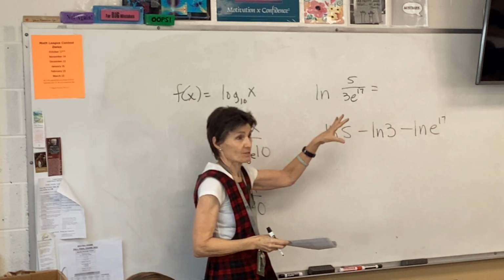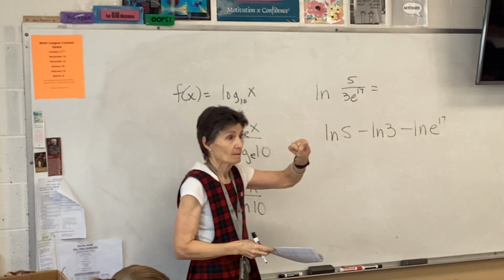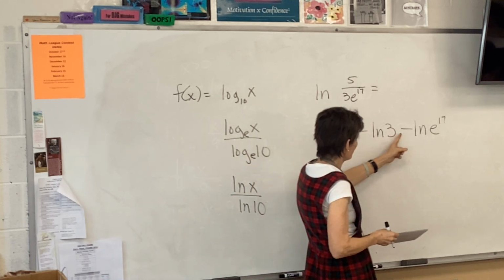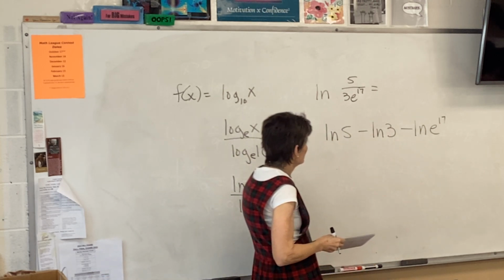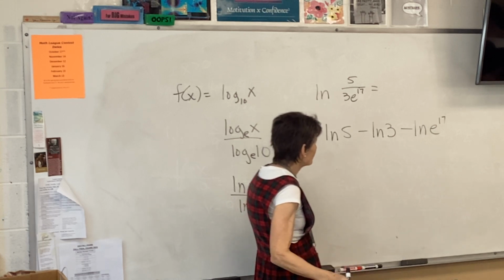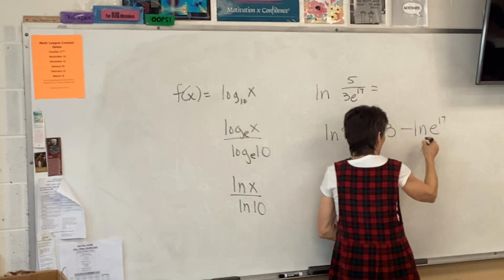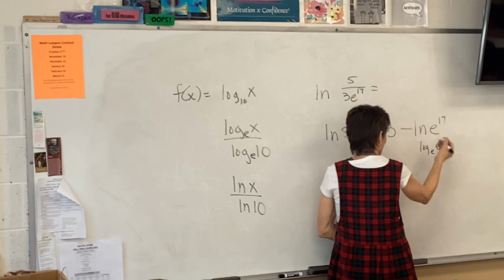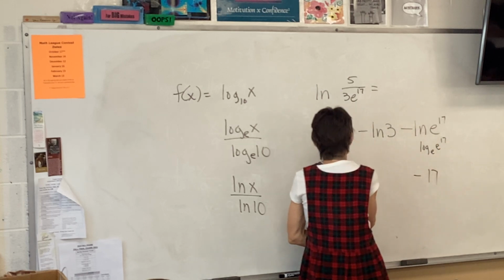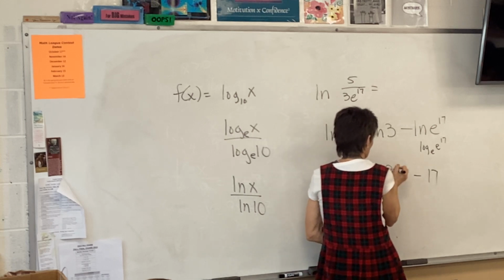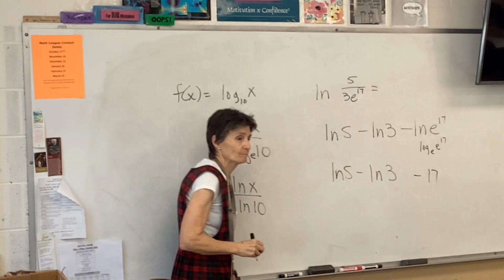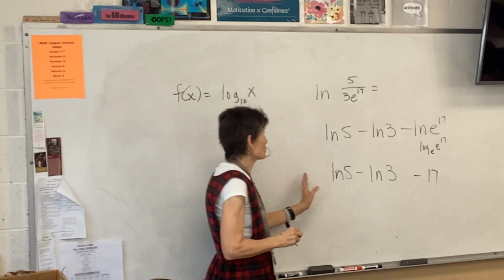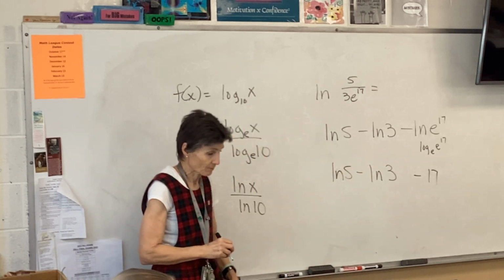There's 3 parts to that problem. These are both being divided, so they're going to be subtracted. And then, what is log base e of e to the 17th? What is that? That's just 17. So that would be your answer. With a calculator, you actually type it in, and that's your answer.